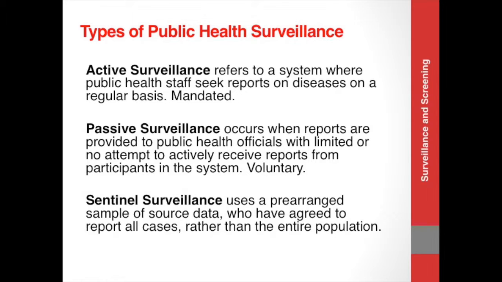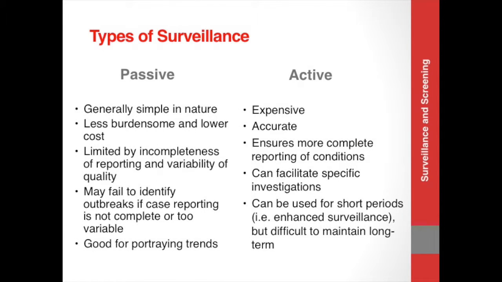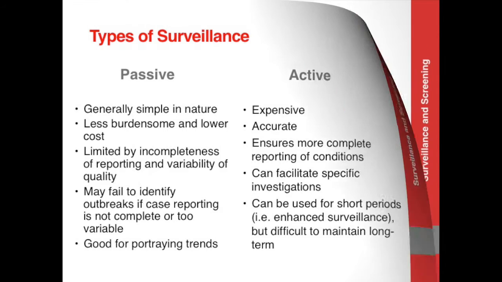Finally, sentinel surveillance uses a pre-arranged sample of sources who have agreed to report all cases rather than the entire population. Passive surveillance is simple in nature. It occurs continuously and it requires few resources. However, the information produced might be quite incomplete. On the other hand, active surveillance is more expensive but more accurate as it ensures a more complete reporting.